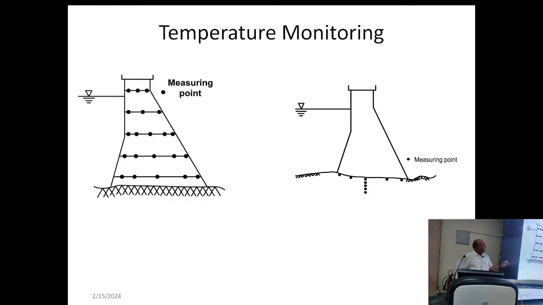These are actually gravity down across the section of the dam. Outside, it tells the available temperature register.